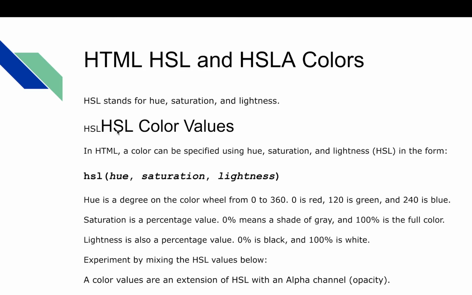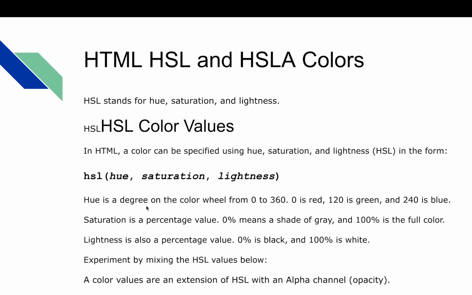HSL color value. In HTML, a color can be specified using hue, saturation, and lightness. Look at it, HSL: hue, saturation, and lightness.